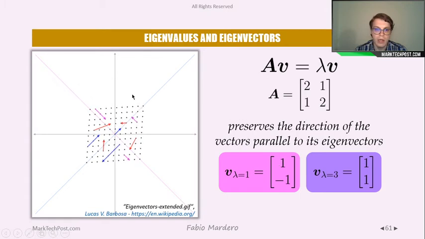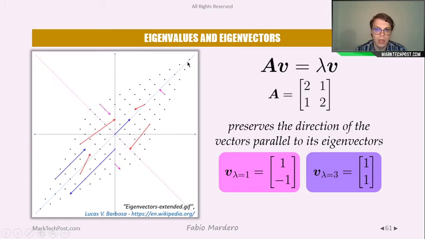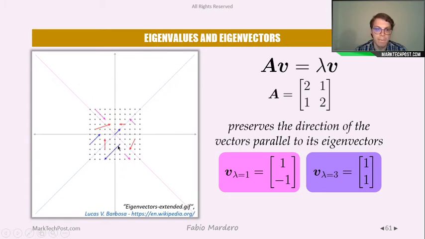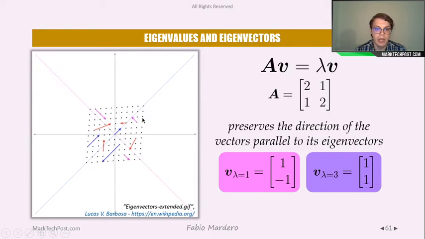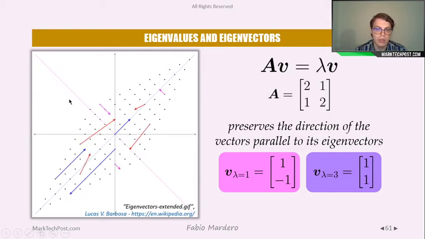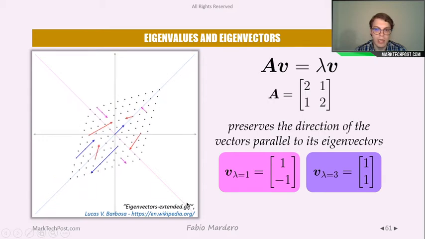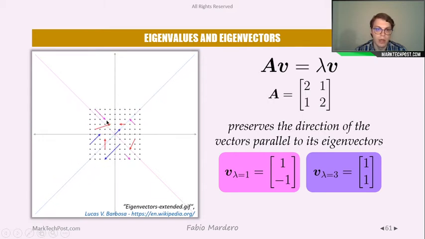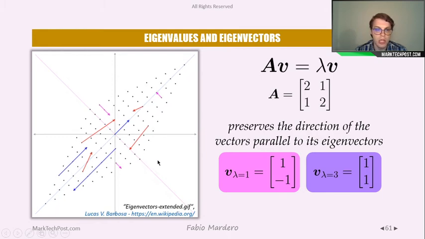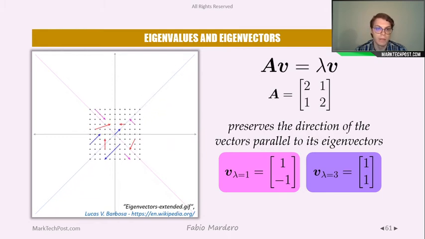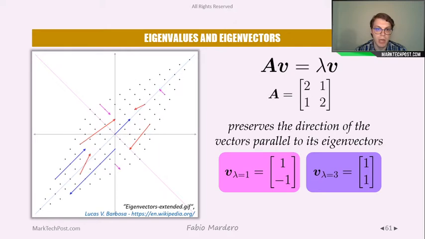This one stays in this diagonal, and in fact you can see that every vector that is parallel to this diagonal, and which is in pink, doesn't change its direction, just scales in magnitude.